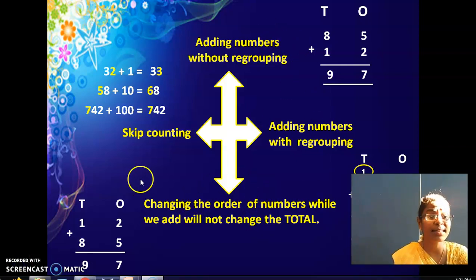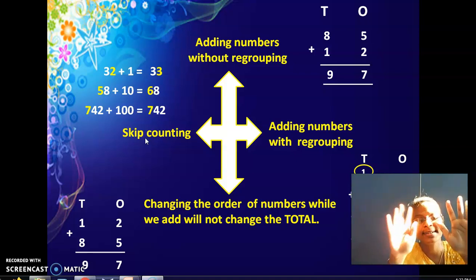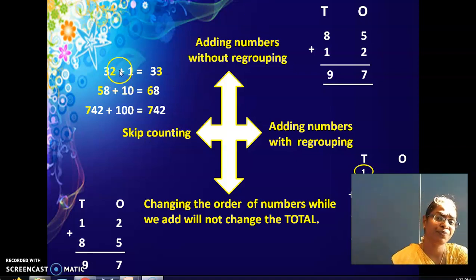So then what is the other method which we have learned for the quick tips method? Yes, it is skip counting. So skip counting according to their places. But you have learned it only for the places of 10. Here I have given you 32 plus 1.